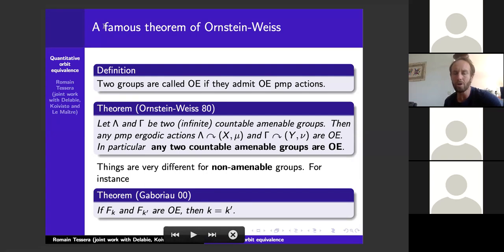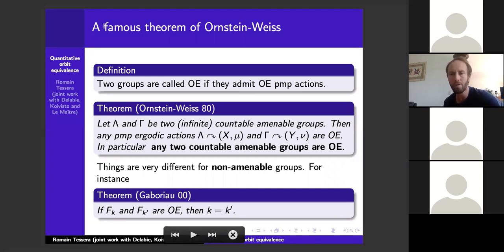They can share the same action, essentially, in a way. So this theorem of Ornstein-Weiss is very disappointing because it tells you that there is nothing to see really among amenable groups. They are all the same, they define all the same actions. And that sounds a bit annoying. On the other hand, the situation for non-amenable groups is completely the opposite.